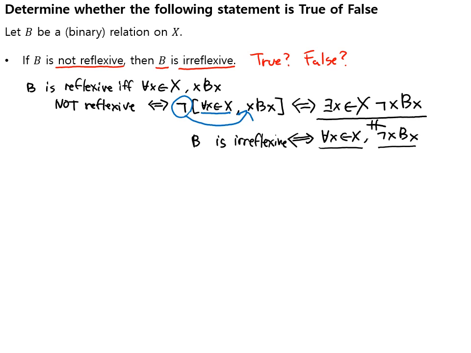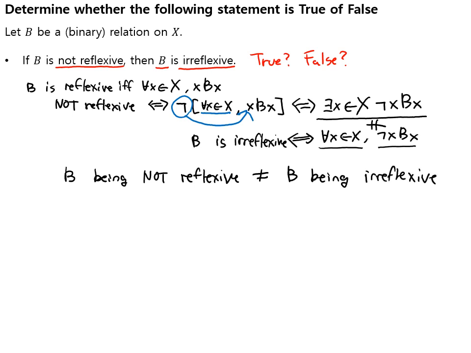Right? So again, B being not reflexive is different from B being irreflexive. Okay?